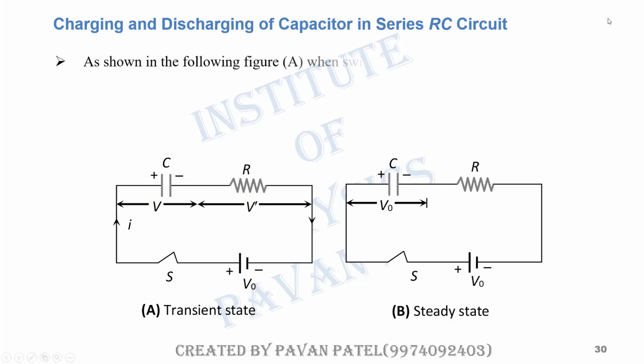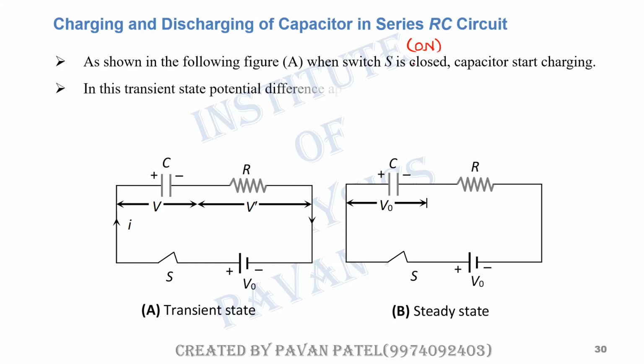First point, as shown in the following figure A, when switch S is closed, closed means on position, capacitor starts charging, as I explained to you.